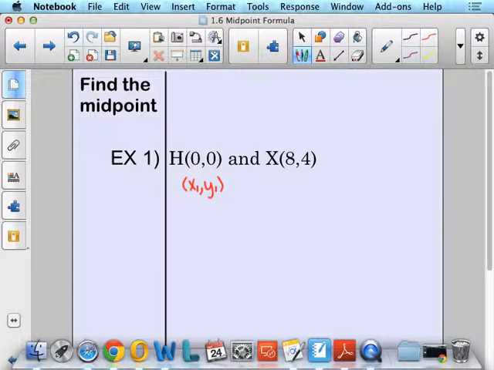So that just means that 0 is equal to x1, and 0 is equal to y1. Remember, you have to keep x1 and y1 in the same coordinate point. So that means (8, 4) is going to be (x2, y2), so 8 is x2 and 4 is y2.